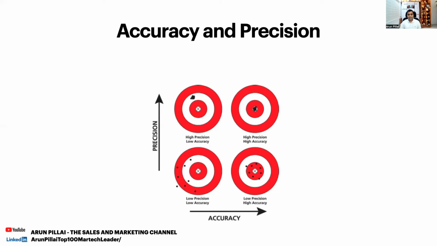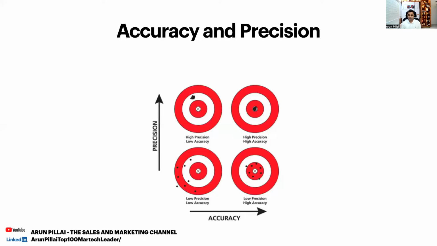Now, if you look at the example here on the screen, on the left top corner, we are seeing a highly precise but low on accuracy kind of target, which is a fine, acceptable marketing communication, but the goal is always to be like the one on the right top corner, highly precise and highly accurate.